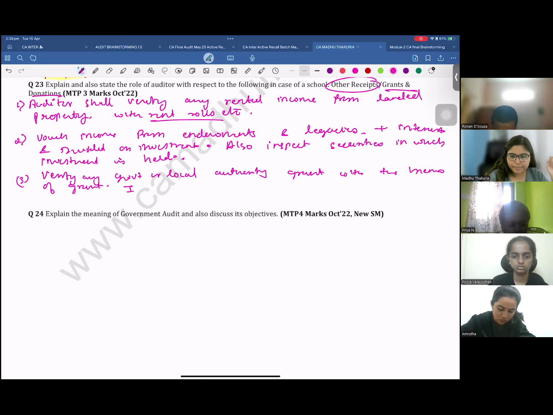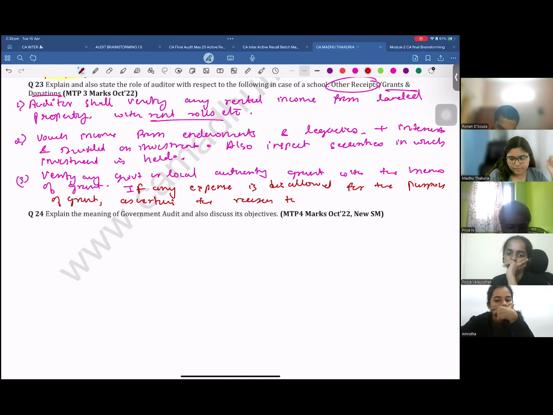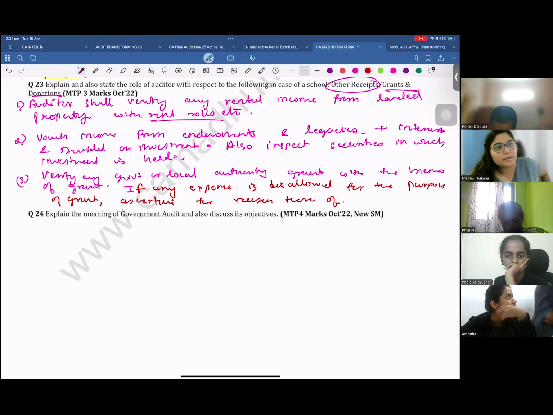If any expense is disallowed for the purpose of grant, ascertain the reason there. So basically, sometimes the government or any authority gives the grant, and they can specify the purposes for which those grants can be applied.